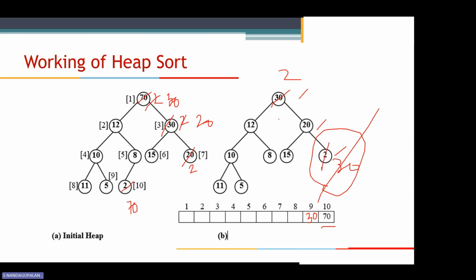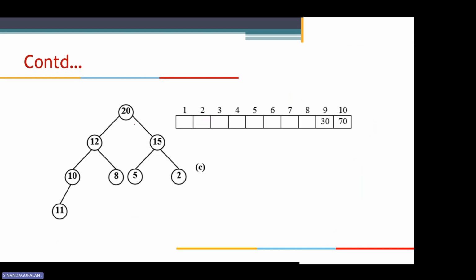So only I have these many elements. 3 plus 2, 5, 5 plus 3, 8. Because 2 are already sorted. So now I have to heapify again. 20 I told you already. Now with 8 elements, 20 will go here.